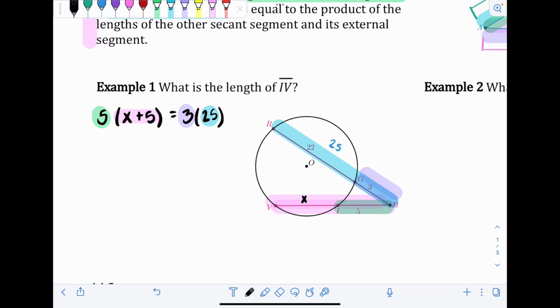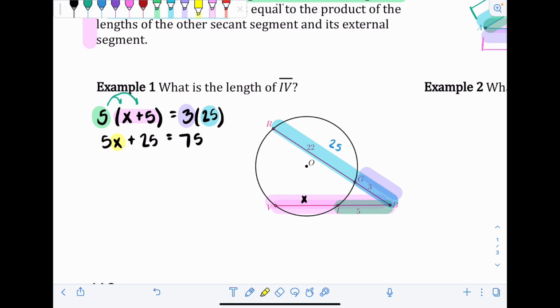And then from there, we're going to distribute the 5 into the parentheses. So it would be 5 times X, and then 5 times 5, so plus 25. And on the other side, 3 times 25 is 75. Now I just have the X on one side of the equation, so my goal is to get it by itself.